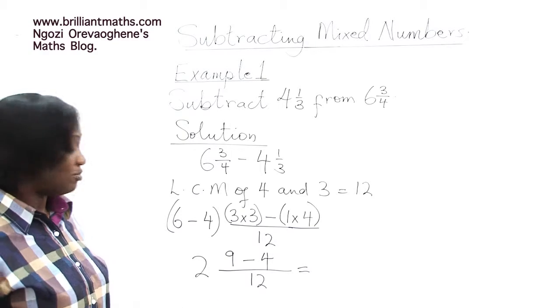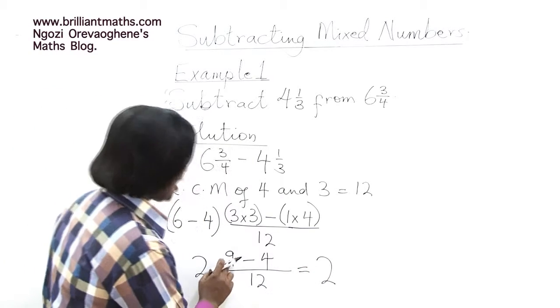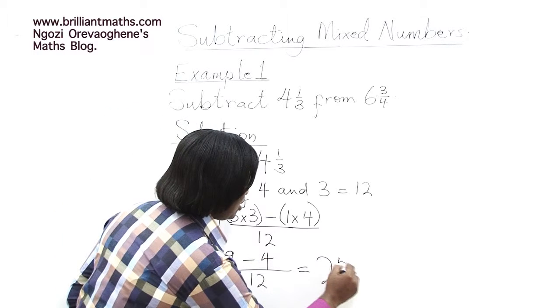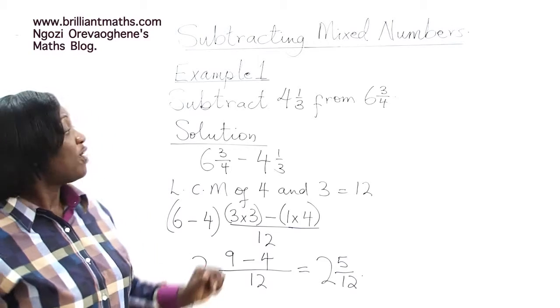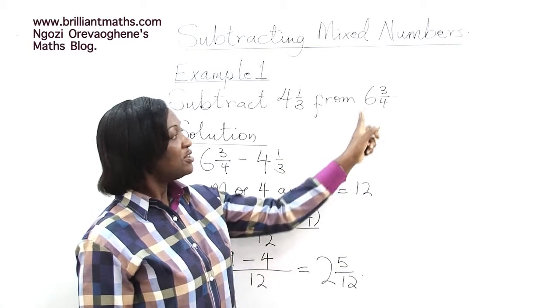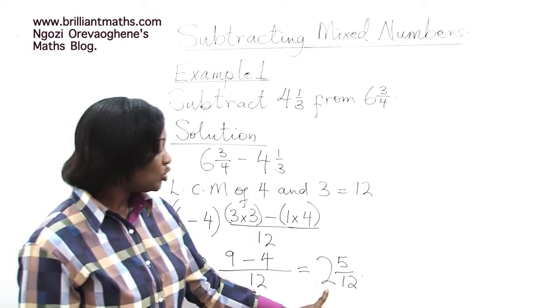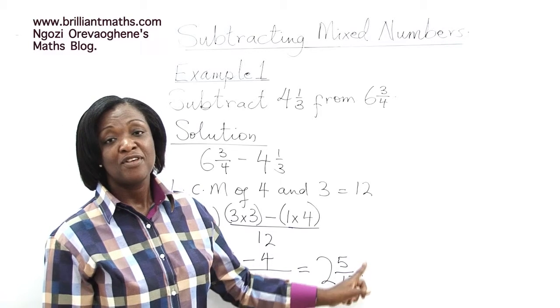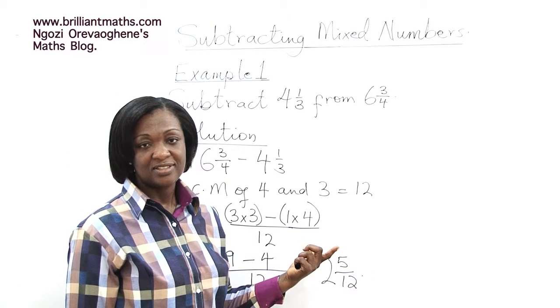Our answer becomes 2 whole number, 9 take away 4 is 5 over 12. So if you subtract 4 1/3 from 6 3/4, you'll get 2 whole number 5 over 12. Look at how easy it is.